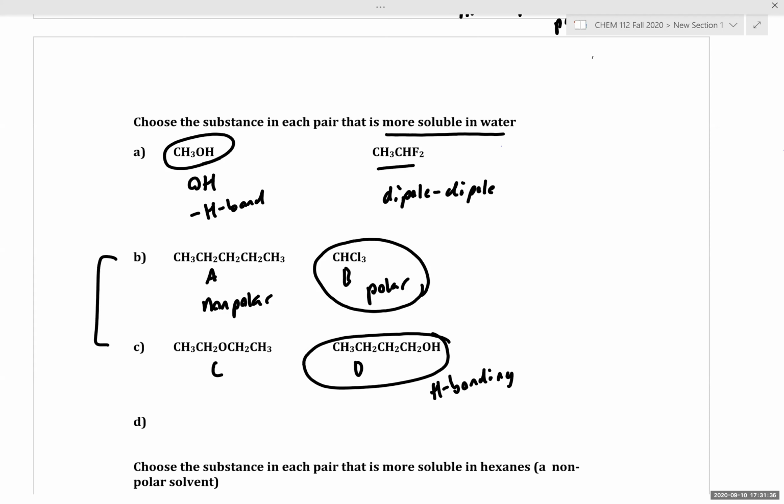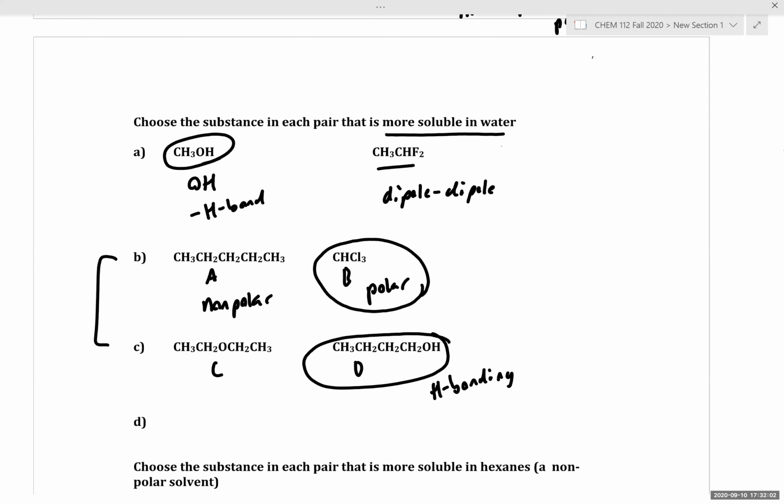Being able to identify and estimate water versus organic solubility is a really important skill because it can help you design and think through common organic extractions. Any questions before we move on to the next example?